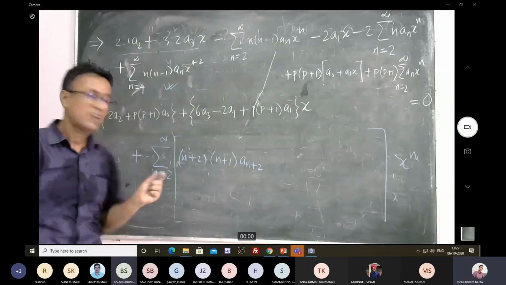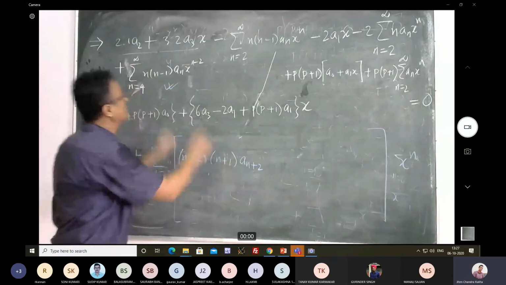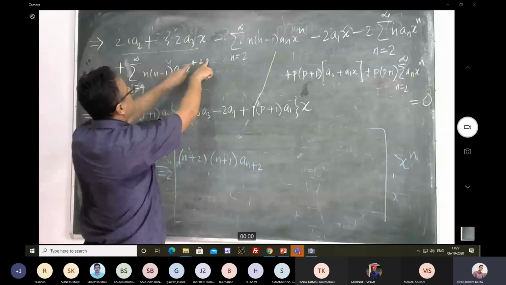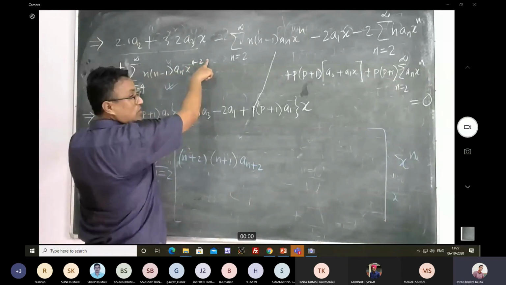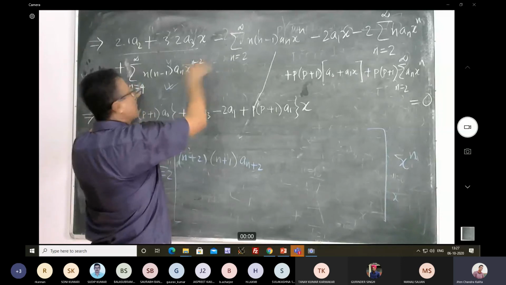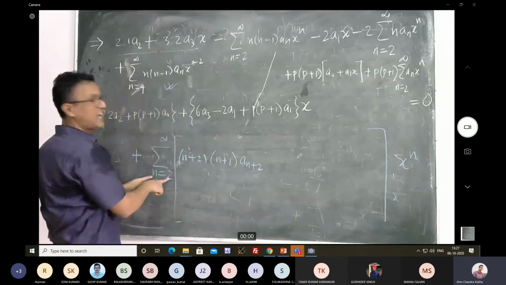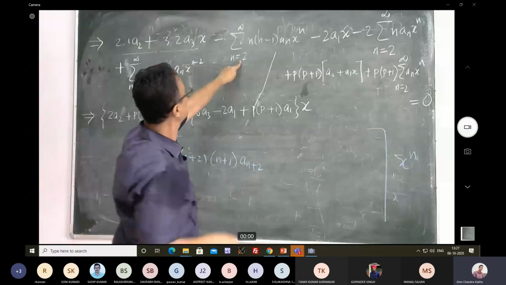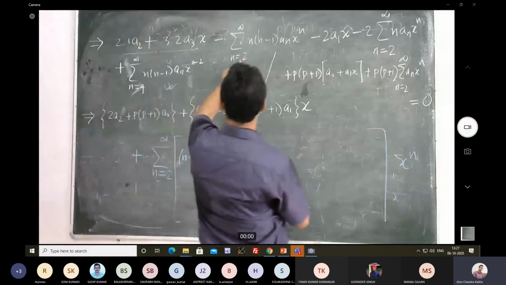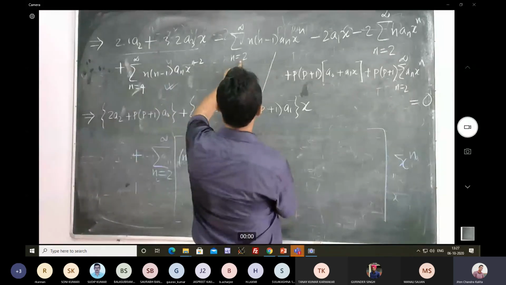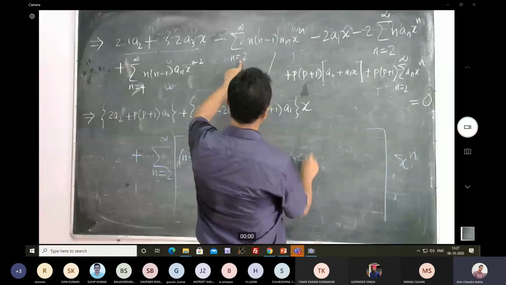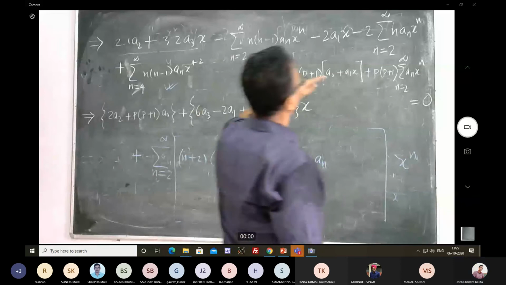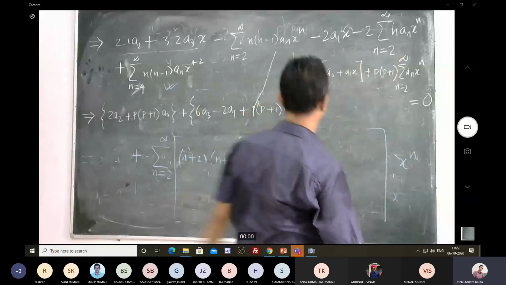Yes, sir. Here I have made a shifting of index. See, simply think about n minus 2 equal to p. When n equal to 4, p equal to 2. But instead of p, we are simply going to start with n equal to 2. And here it is already n equal to 2. I don't need to worry about it. So this is minus n into n minus 1 an. And here also it is n equal to 2.